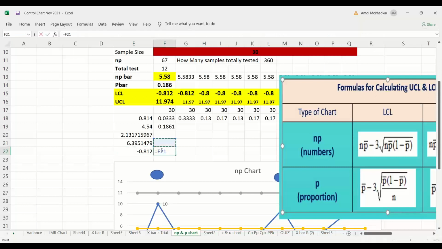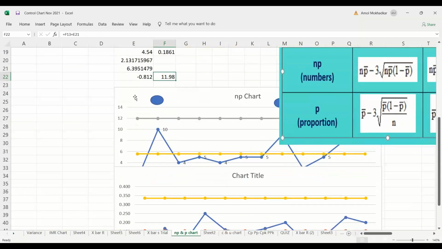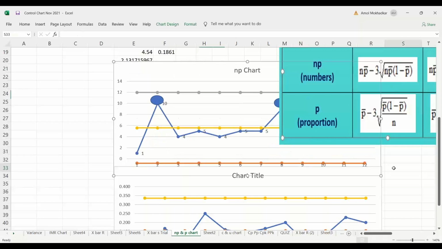And when you take NP bar plus this value, 11.98 is the value of UCL. Now once you have the LCL and UCL, you just start plotting the graph.